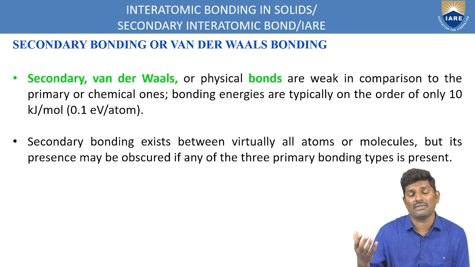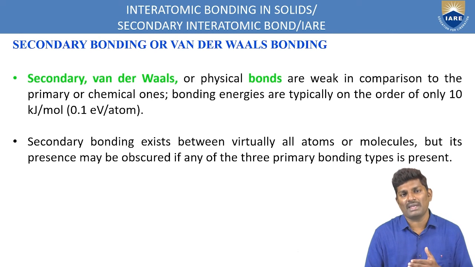Because of the existence of the primary bonding, the secondary bonding is neglected since it has very low values. So though in some materials both primary as well as secondary bonding are available, the primary bonding is taken and the secondary bonding is neglected because of the low bonding energy values.